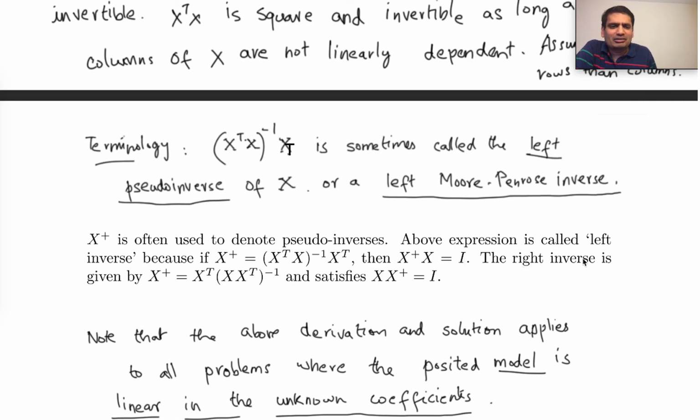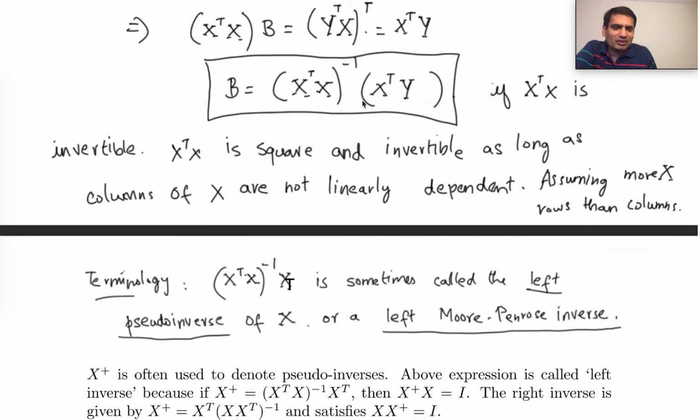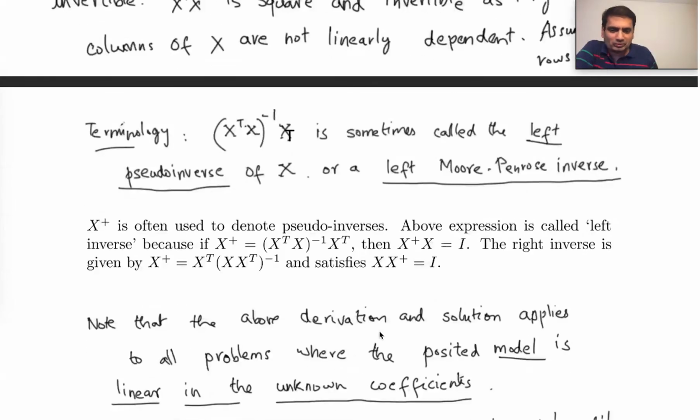There's also something called the right inverse, which is given by this somewhat related expression, and the right inverse satisfies this quantity, x times x pseudo-inverse equals I. Okay, but of course, for this linear least squares problem, what we care about is the left inverse. We don't really care about the right inverse, at least the way this has been posed.